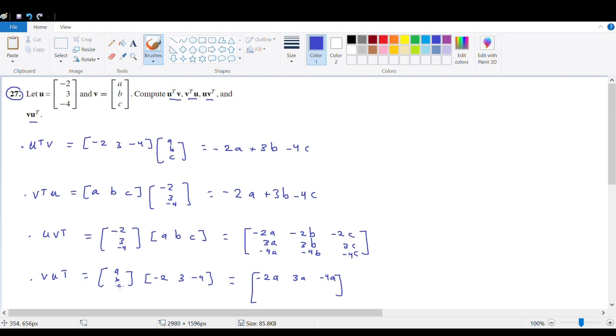Now we take the second row with the first column, -2b, then 3b, then -4b. The last one is -2c, 3c, and -4c.